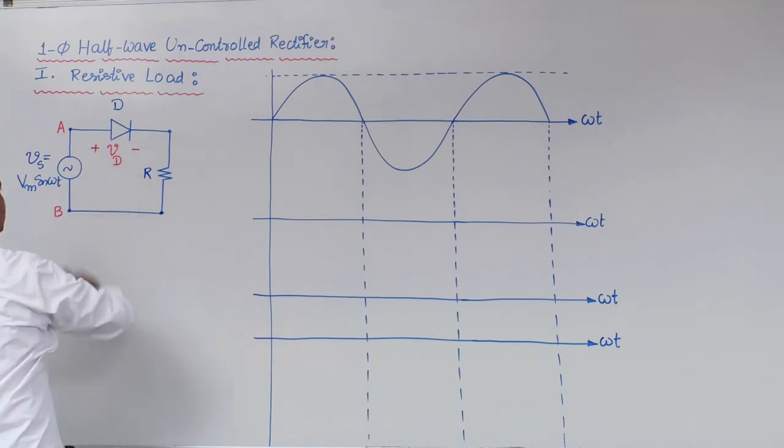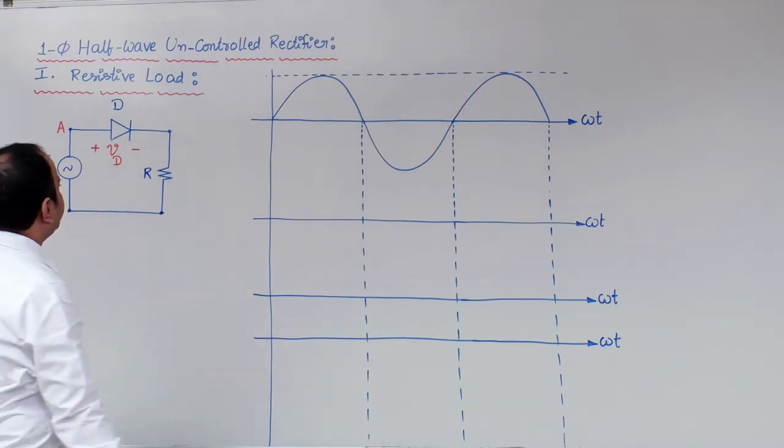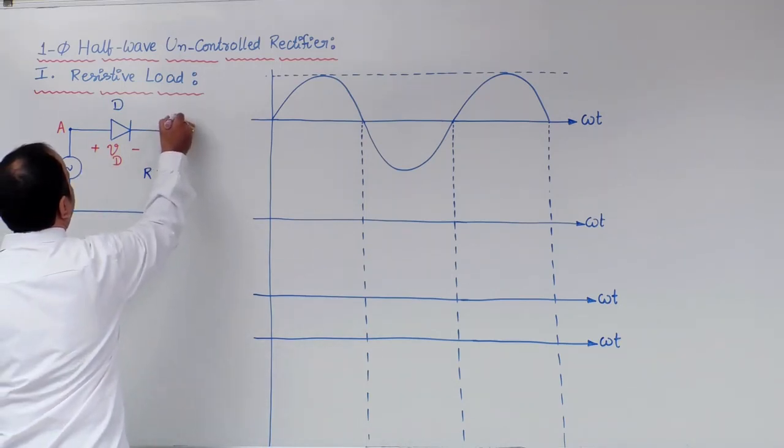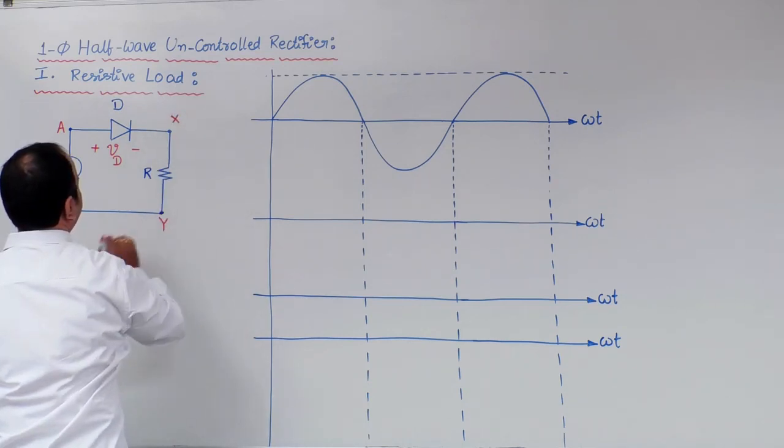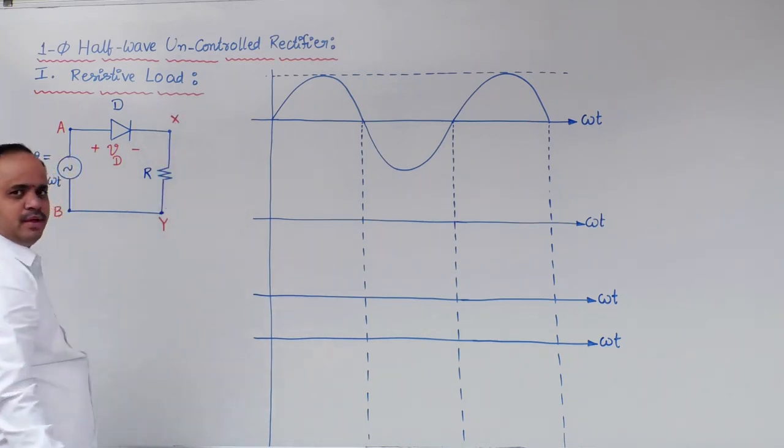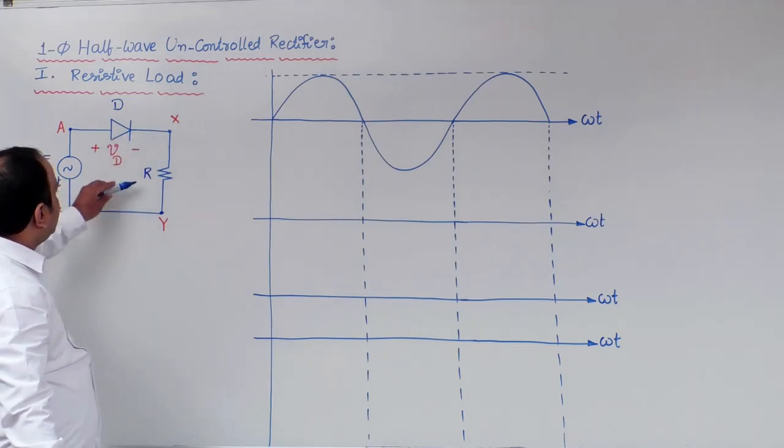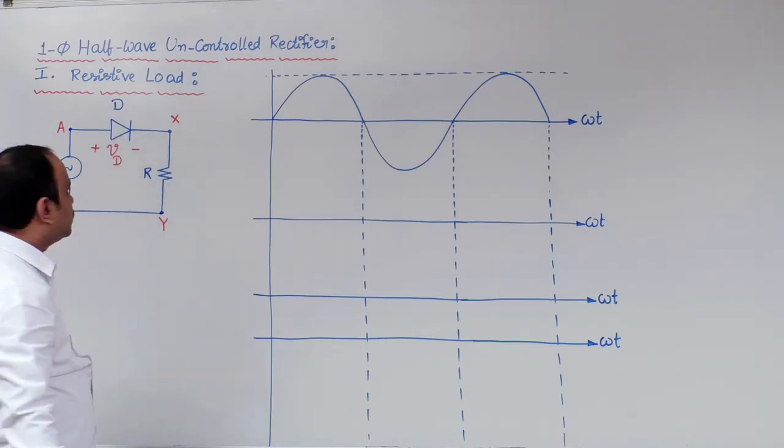If I write small letters, that represents instantaneous values. Load terminals are taken as X and Y. Between X and Y, a resistor R is connected. That is the load resistor.